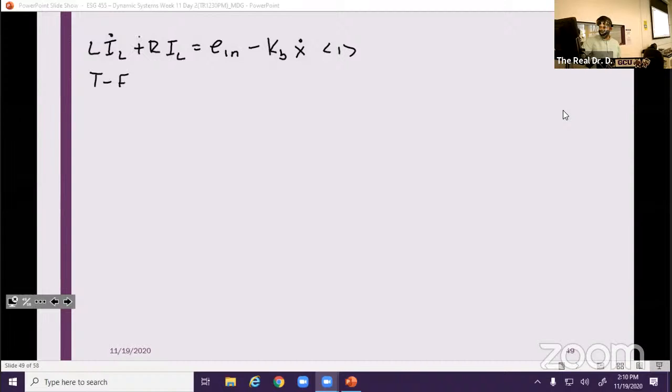T minus FC R is equal to J theta double dot, equation 2. And FC is equal to MX double dot plus BX dot plus KX, equation 3. And so we end up with this. These are my equations, right?